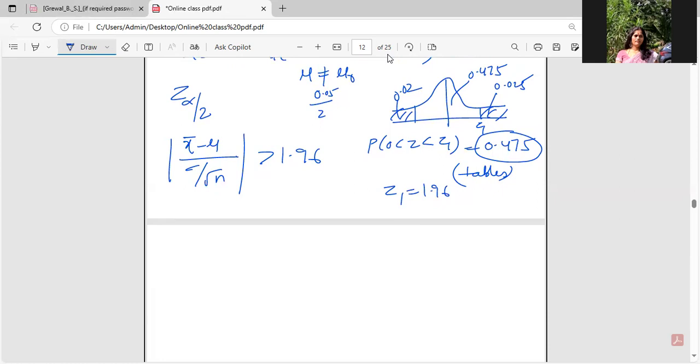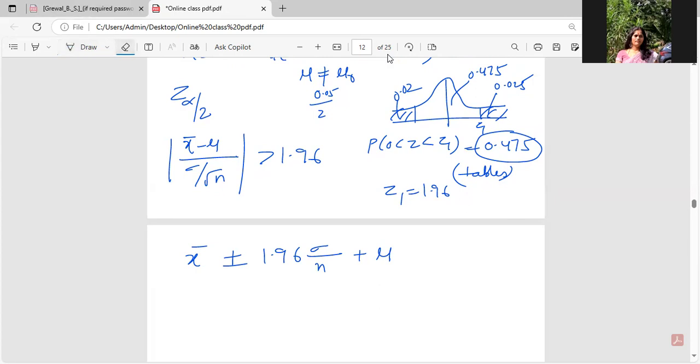So mod is there, so plus and minus, I will take x bar plus or minus 1.96 sigma by root n. I'll cross multiply, plus mu is what I will have. So the confidence interval, how I will tell, is x bar plus or minus 1.96 sigma by root n.